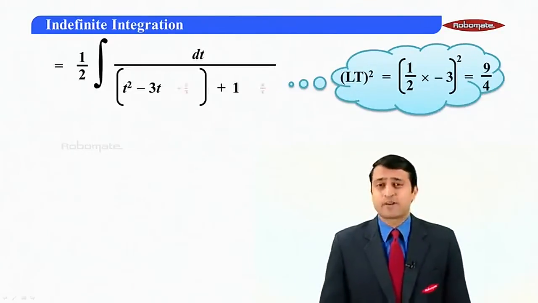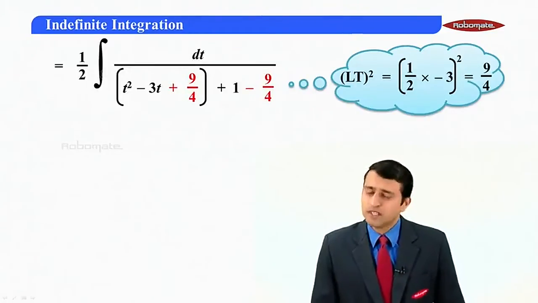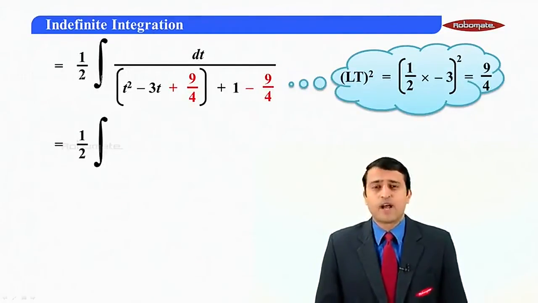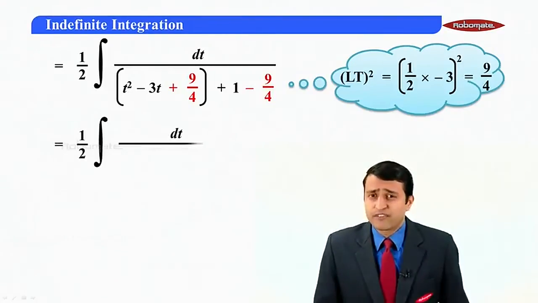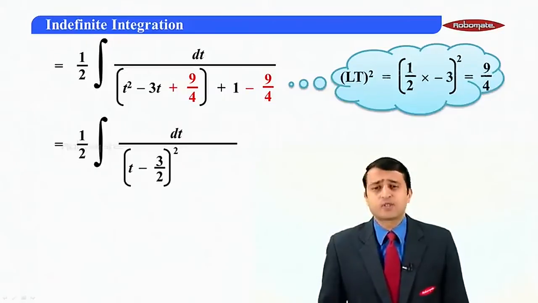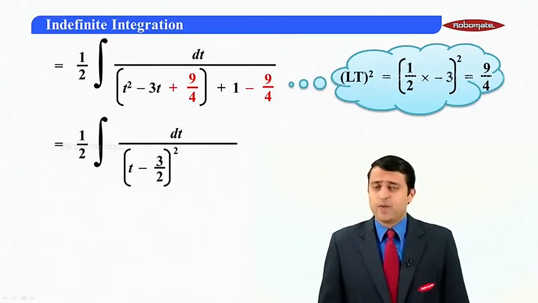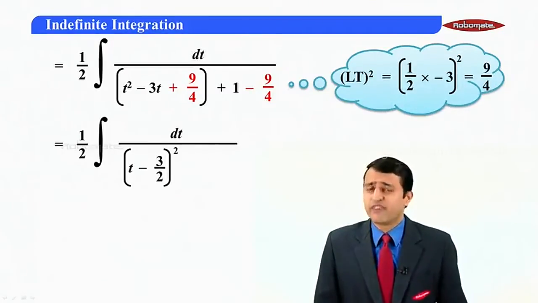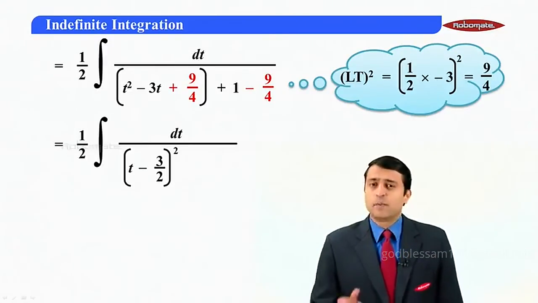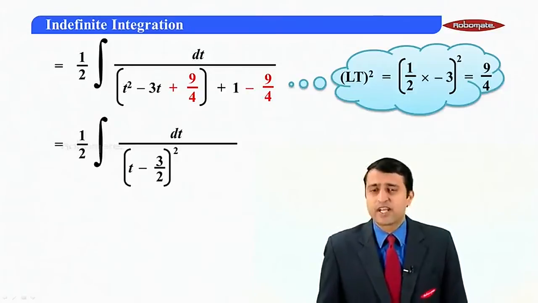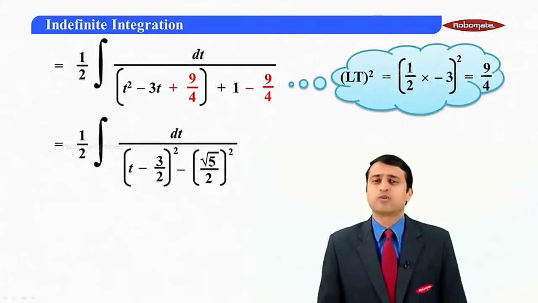So let's add and subtract 9 by 4. Fair enough. Now 1 by 2 as it is. The first three terms are perfect square of the bracket t minus 3 by 2 the whole square, and 1 minus 9 by 4 is minus 5 by 4, so I'll write it as minus of root 5 by 2 the whole square.